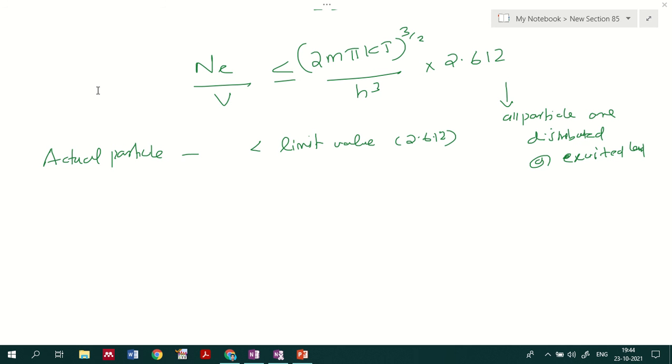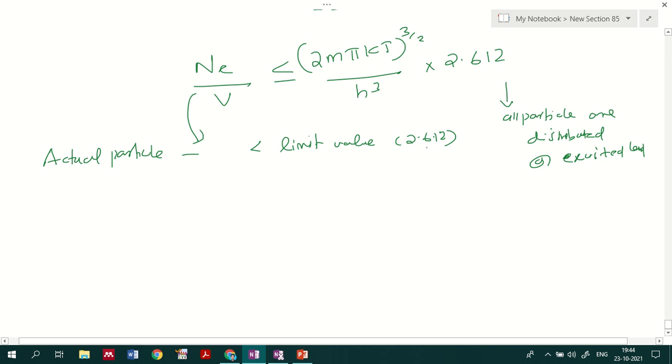Here you can see that Ne/V is actually the number density of particles at the excited level, which is equal to (2 pi mkT) raised to 3/2 divided by h cubed, into 2.612. This is the maximum possible value for the total number of particles that can occupy the excited level, so it is also a limiting value.